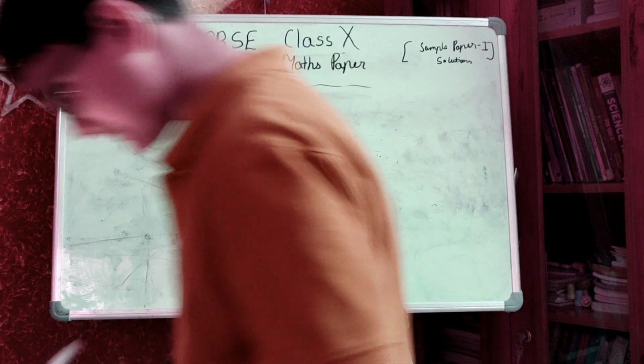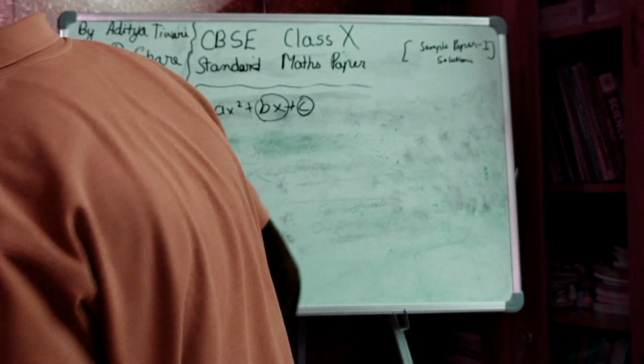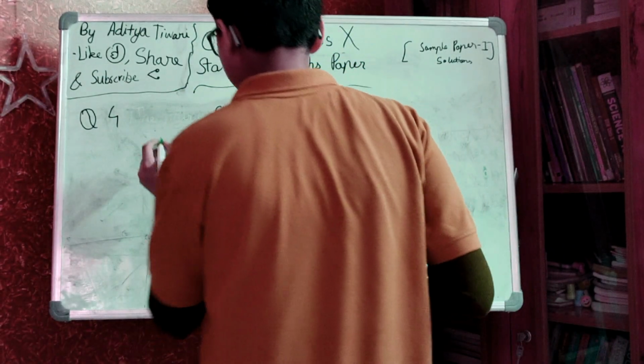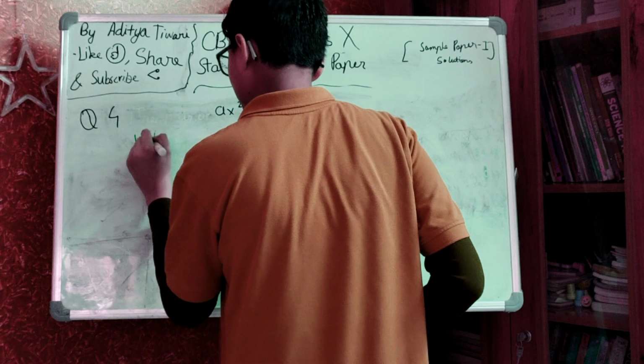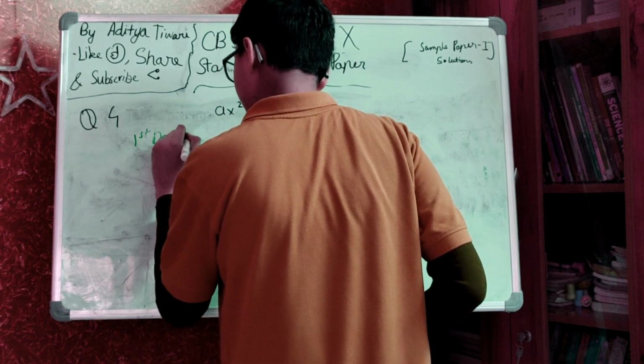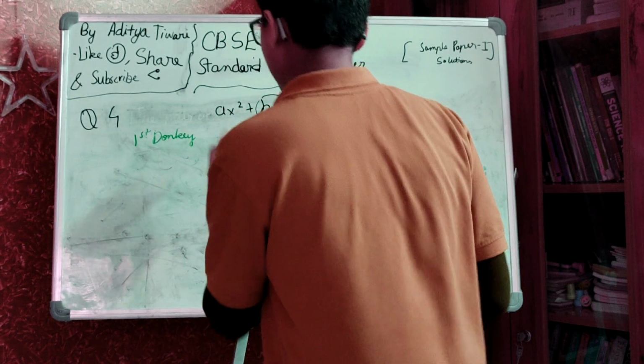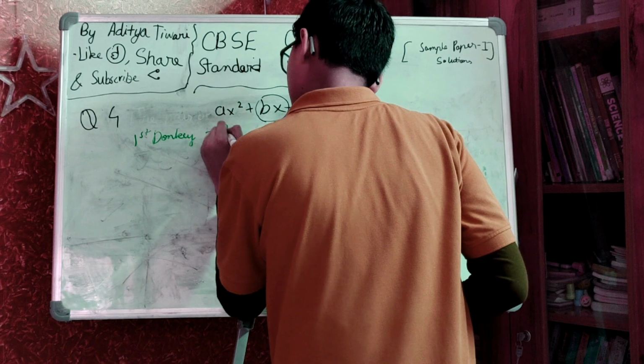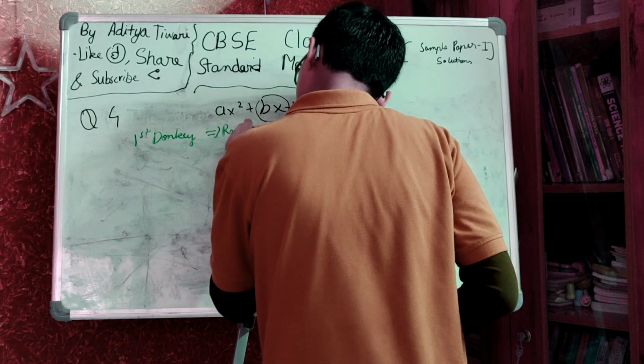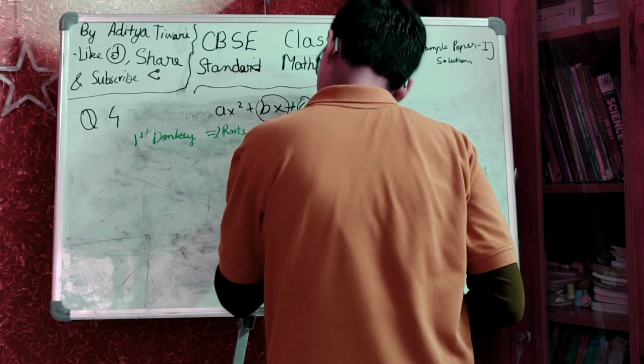So the first person made a mistake in the constant term and he got roots as 5, 9.